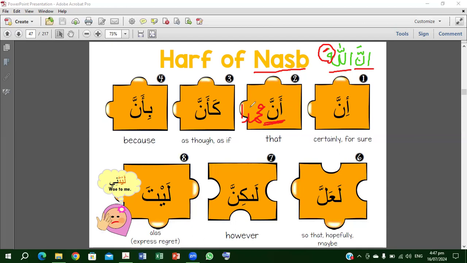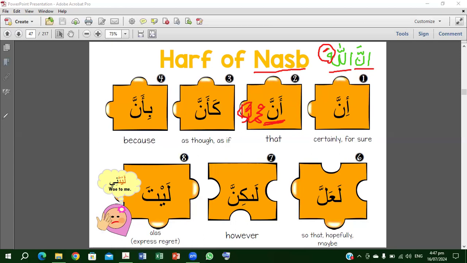Ashhadu anna Muhammadan. So it can never be ashhadu anna Muhammadun or ashhadu anna Muhammadin. Never. It will be wrong. Ashhadu anna Muhammadan abduhu wa rasuluhu or ashhadu anna Muhammadan rasulullah. Like that. Whatever you say.